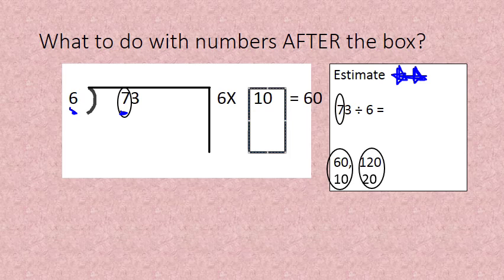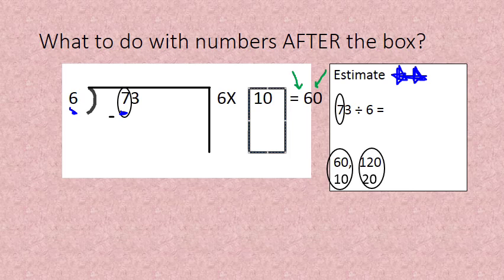Now, this is the part I want you to start to do on your own. The number that is after the box means subtraction. I'll say that one more time. The number that is after the box, you subtract from the whole entire number.